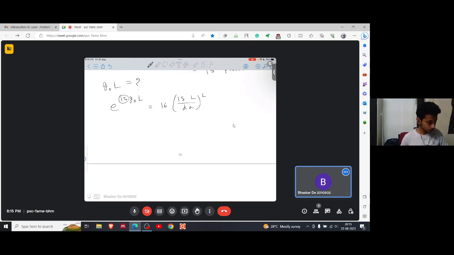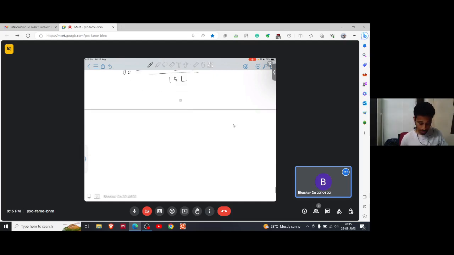So from there G0 equal to ln 16 L by dA whole square by 15 L, is equal to ln 16 into 1.5 into 6 into 10 to the minus 3 square by 1.5, which is equal to 9.21 per meter.